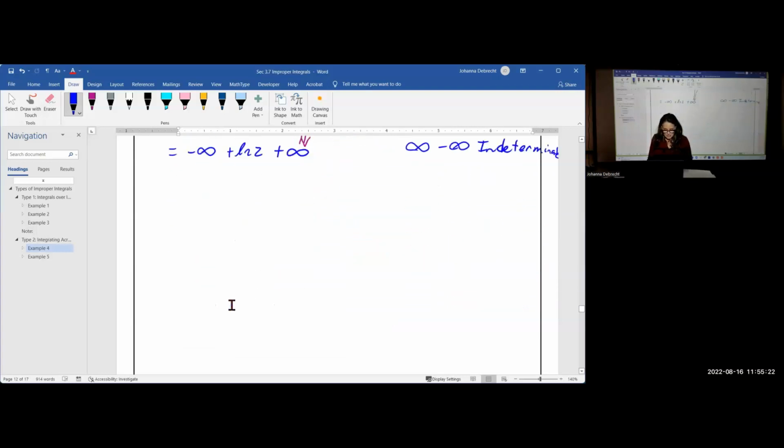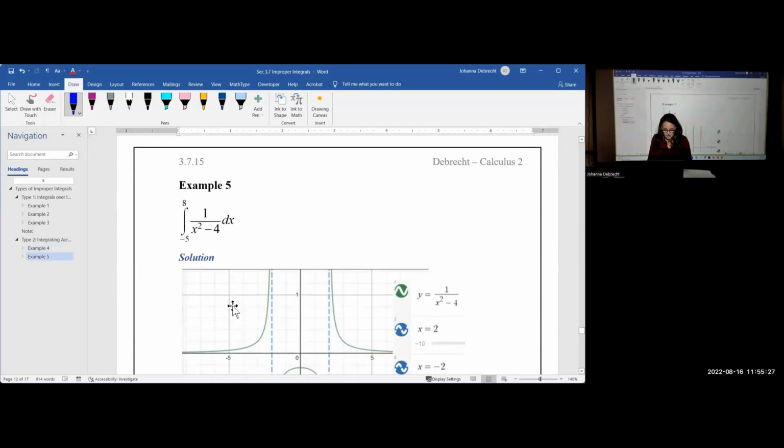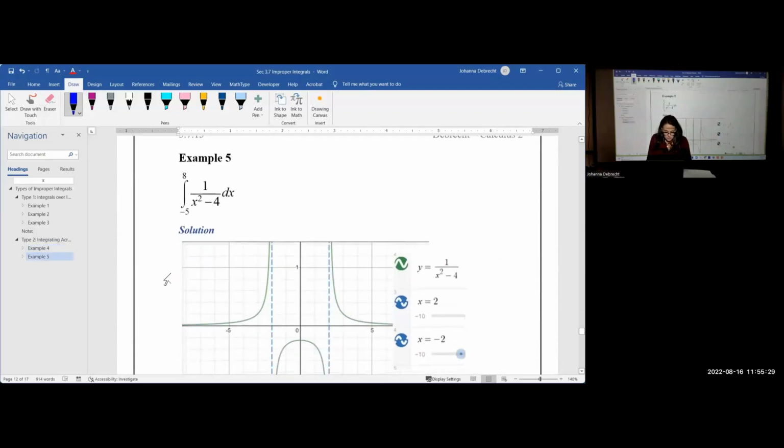All right, let's take a look at our last example, which is number 5. And on this one, we have the definite integral from -5 to 8 of 1 over x squared minus 4 dx. So when we work through this one, this is, again, a rational function. And so you can see it graphed here in green. It's got two vertical asymptotes at -2 and 2.